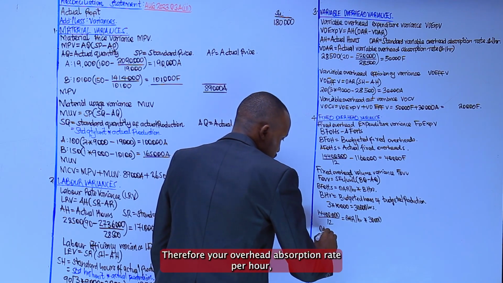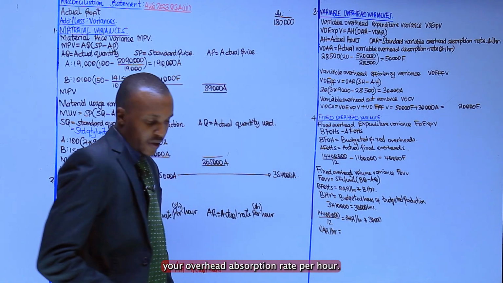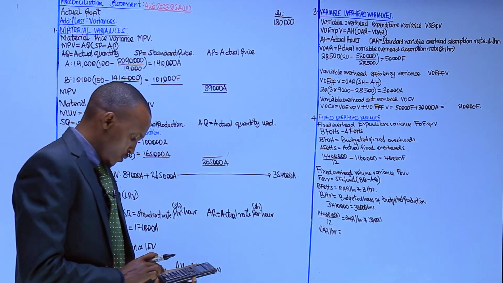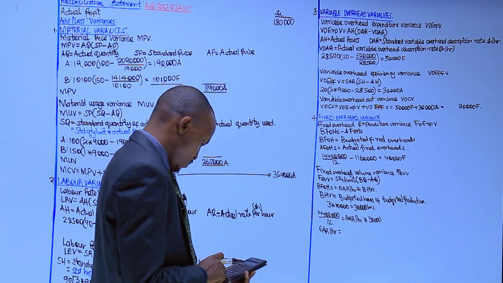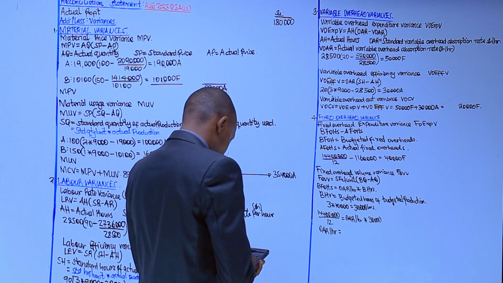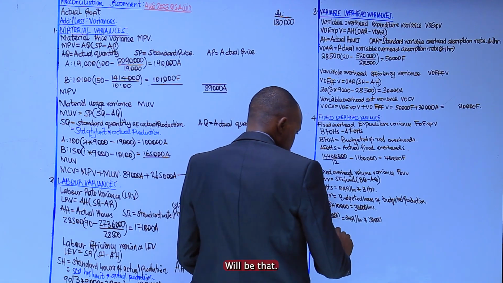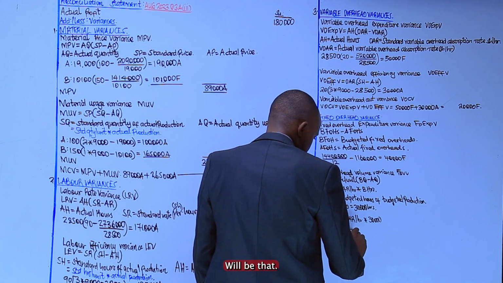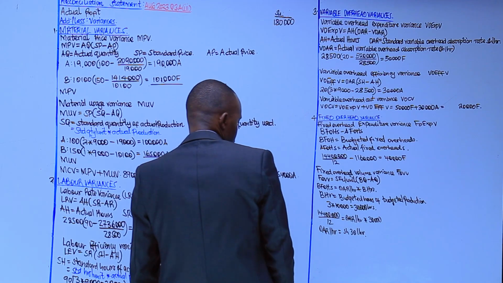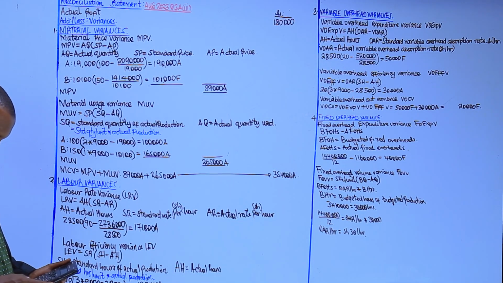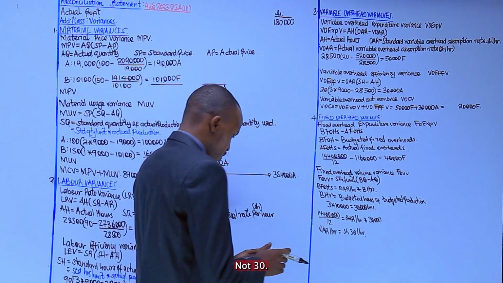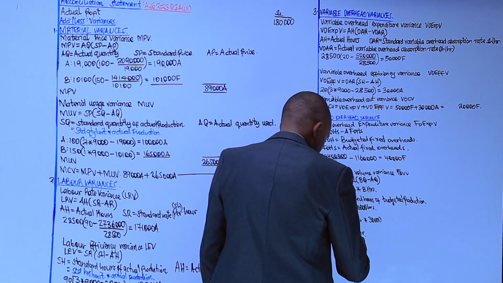Therefore, your overhead absorption rate per hour will be 30. Actually 40, not 30. 40 per hour.